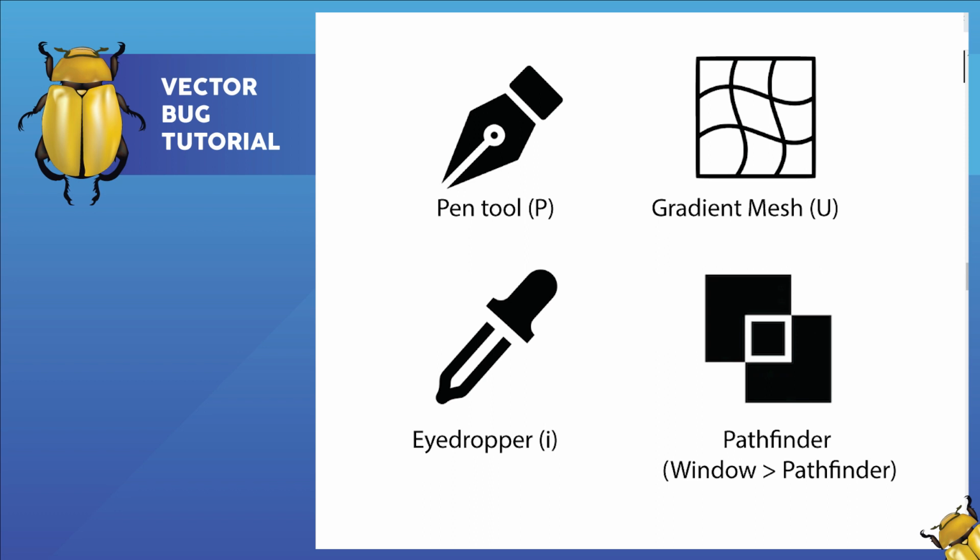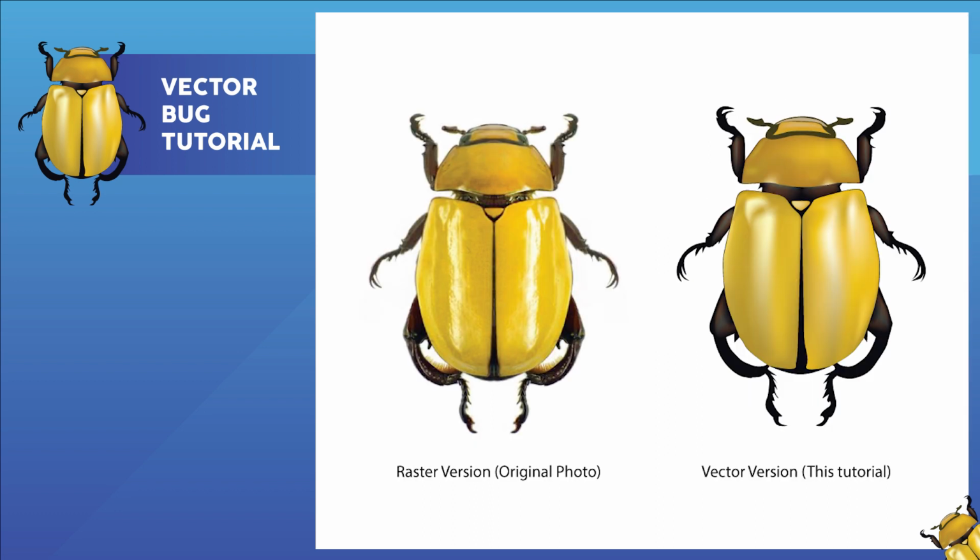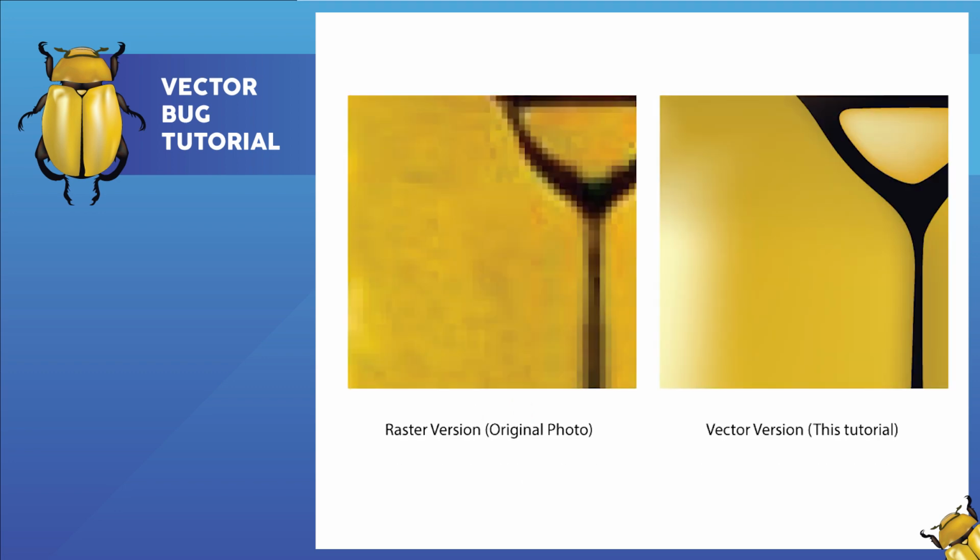We're going to use those 4 tools, and it's going to get us a really nice high quality vector illustration of a bug. I'm going to be running you through how to use all 4 of those tools in this tutorial, just enough to touch on, and then I'm going to leave you to expand and build upon that as you see fit.